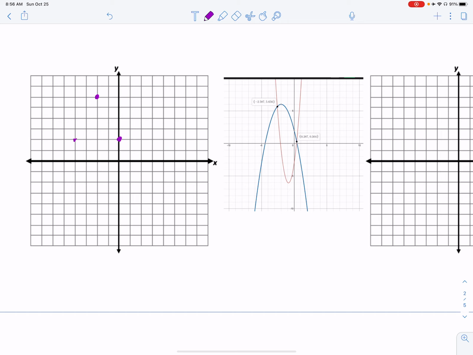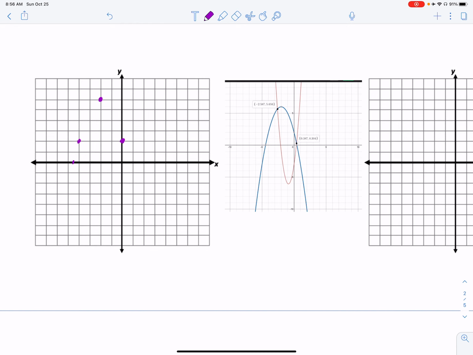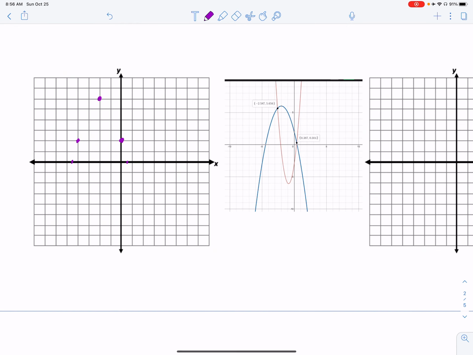So if I use symmetry, there's another point, and it looks about 4.5-ish. That's where that's going through, and then slightly over here. So sketching. And that did have a coefficient of negative 1. So if I go to the right one, we're down 1. If I go to the right 2, I'm down 4. Put the arrows to indicate that it's continuing to go.